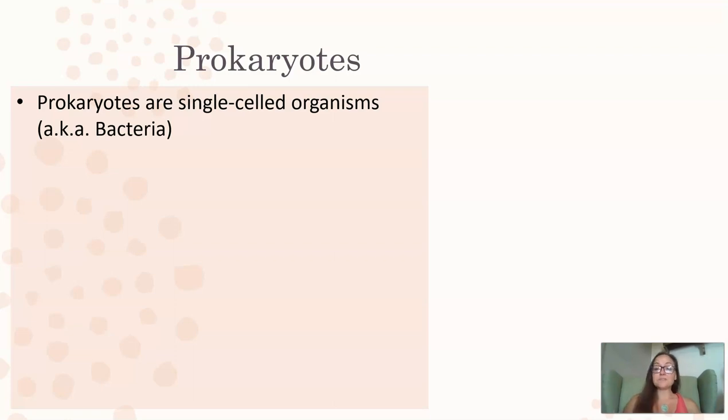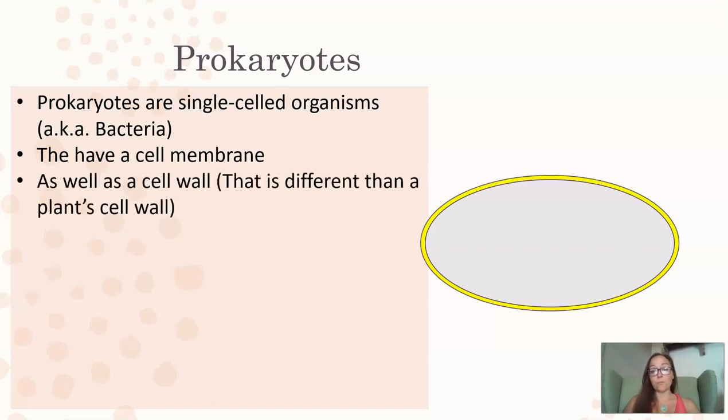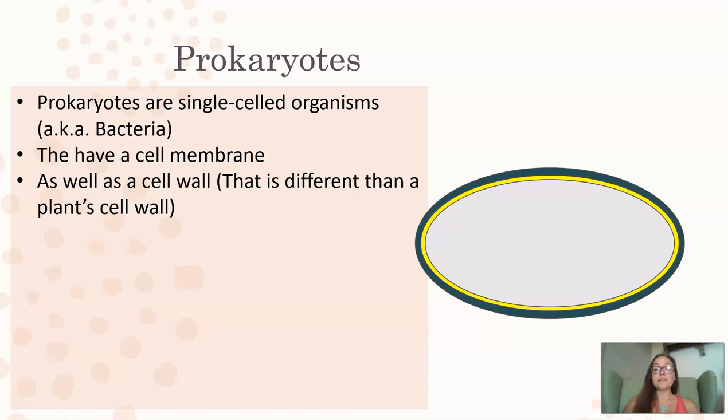So prokaryotes are single-celled organisms, and they have a cell membrane, and they also have a cell wall. Now, the cell wall is on the outside of the cell membrane. It's also made of carbohydrates, but it's not cellulose. So it serves a lot of the same function as a plant cell wall. However, its building block is a type of carbohydrate called peptidoglycan.